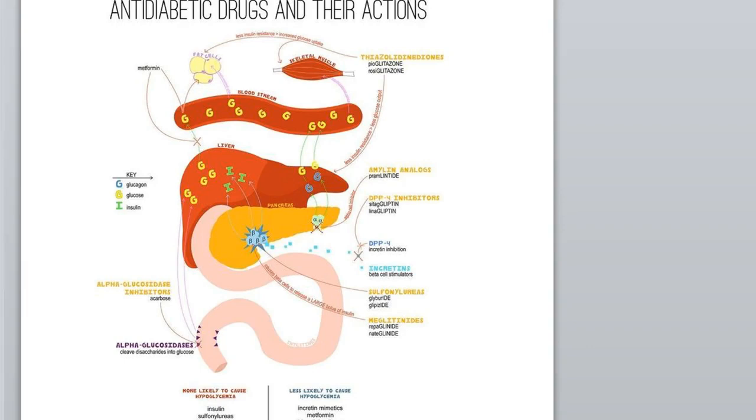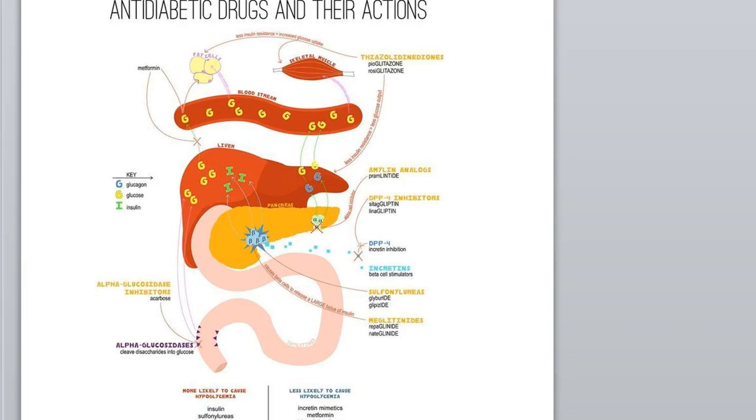The next one is in the pharmacological classification of a meglitinide. Repaglinide is the prototype. It also lowers blood glucose in our type 2 diabetics, and how this works is by stimulating the release of insulin from the pancreatic beta cells. And again, we worry about hypoglycemia.